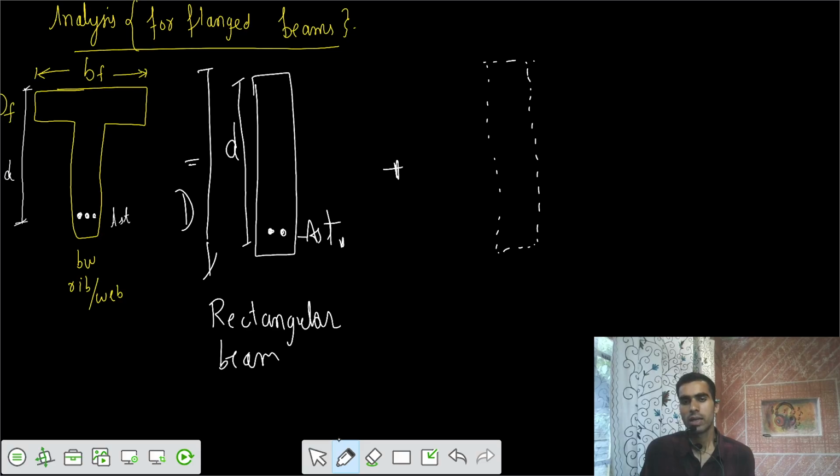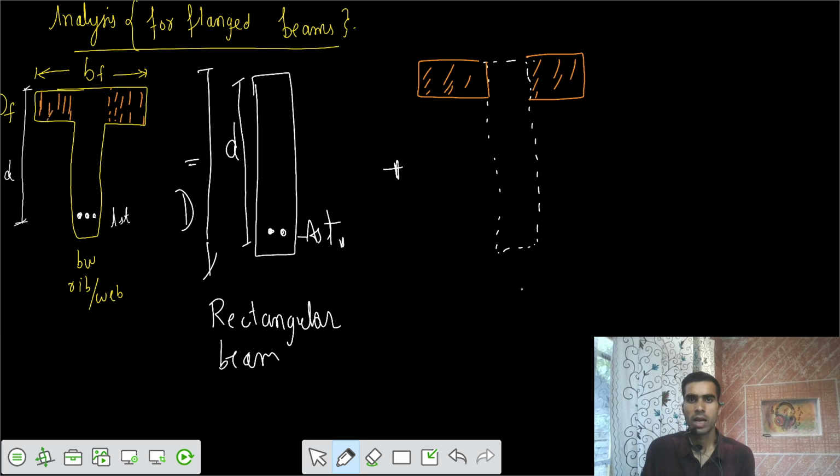We are saying in the same fashion, but here the concrete is placed not at this part, but at the ends. There's some concrete here, and one more concrete part here also.